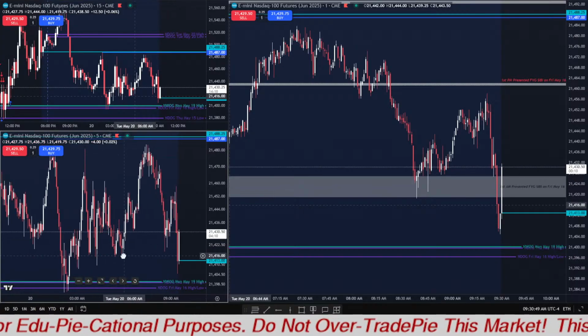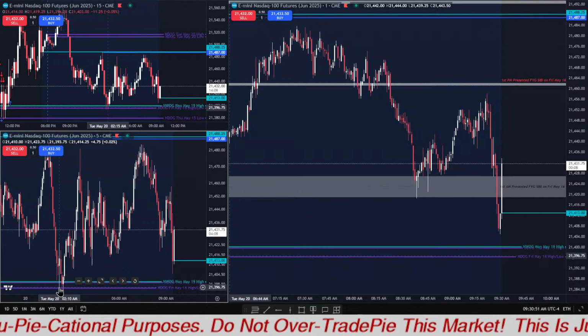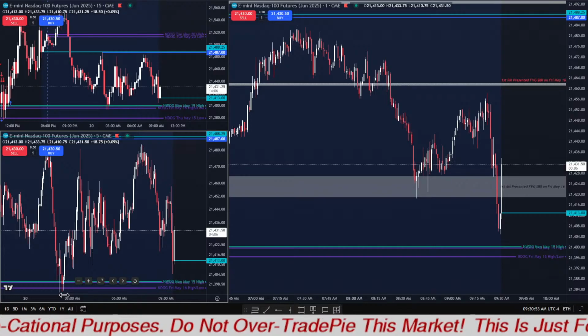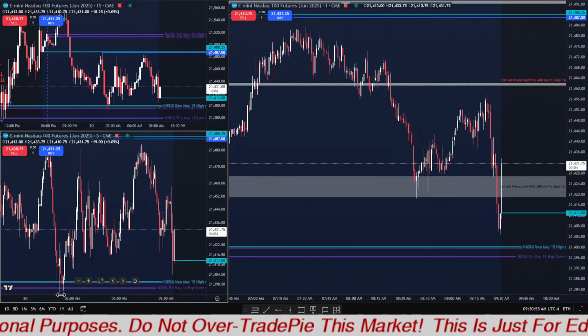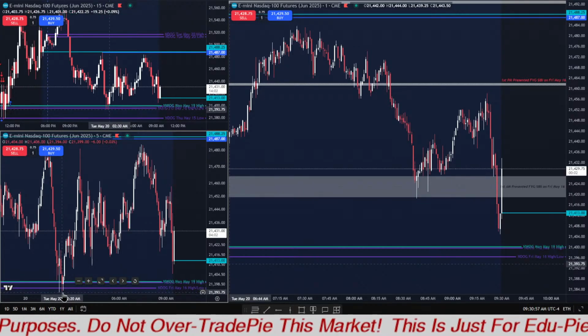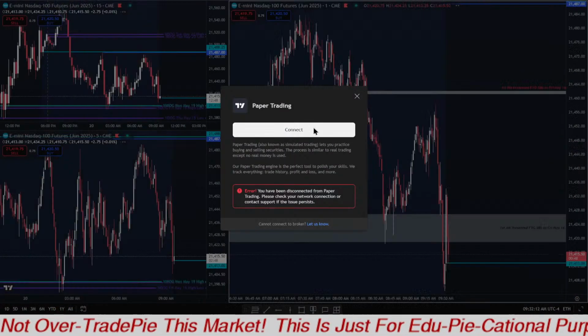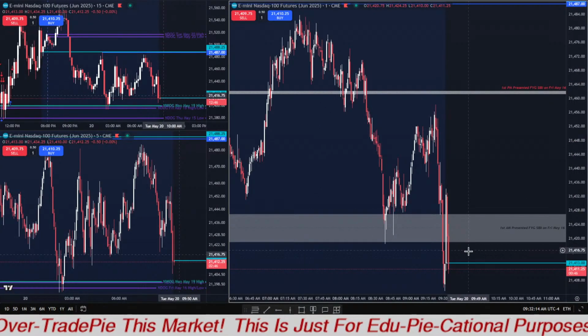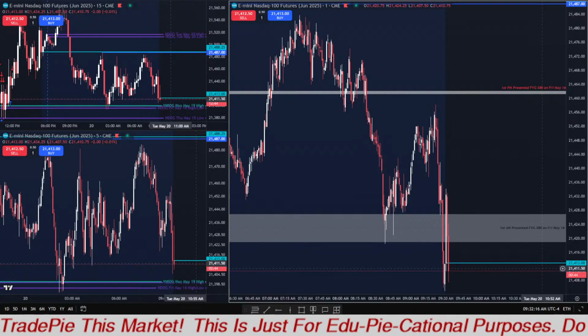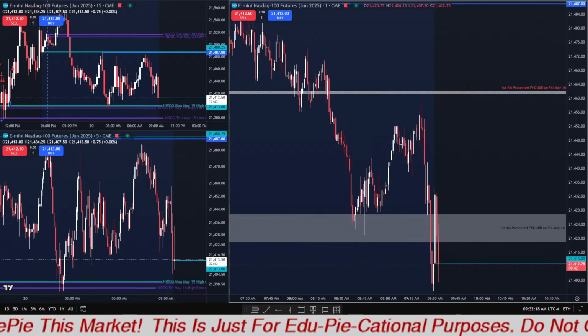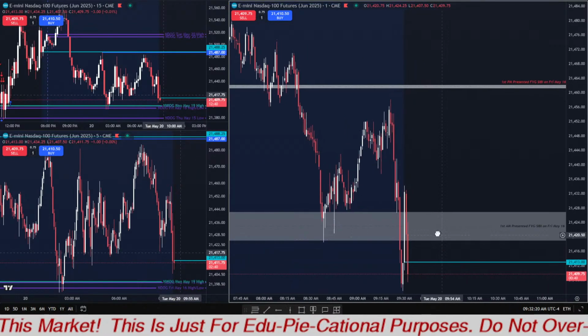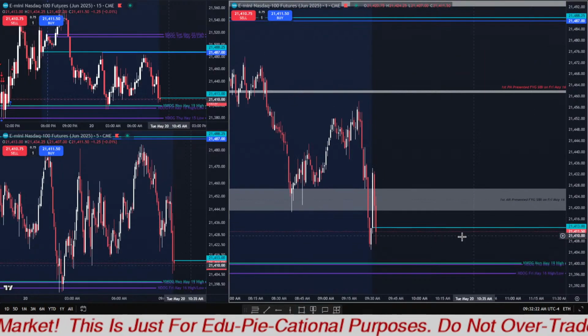All right, now the sell side liquidity over here is my first attraction again. Okay, now I'm connected back, and let's see how the market is working.